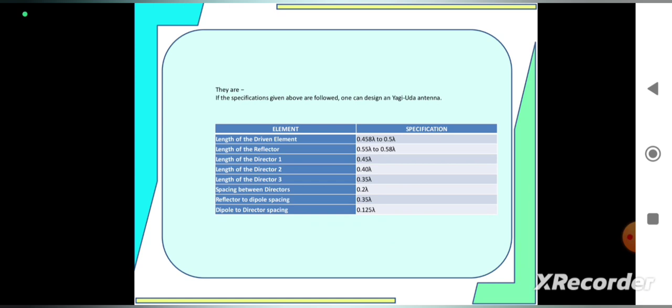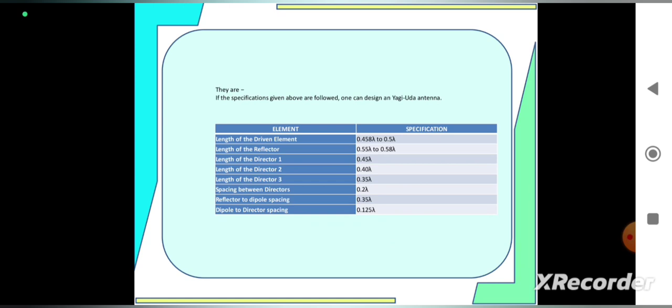Then the length of director 1, because in TV antennas we are using multiple reflectors and directors. Director 1, director 2, director 3, all are used. The length of director 1 should be 0.45 lambda, director 2 should be 0.40 lambda, and director 3 should be 0.35 lambda.